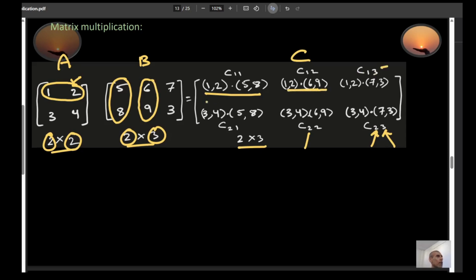For C13, you take row 1 of matrix A, dot product with column 3 of matrix B. That will give you this right here. For C21, you take row 2 of matrix A, dot product with column 1 of matrix B. And this is how I got this. Likewise with this one and this one. This way you can do the computation and you will get your C matrix.